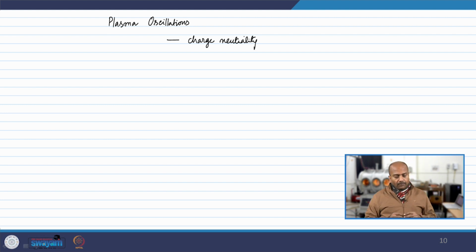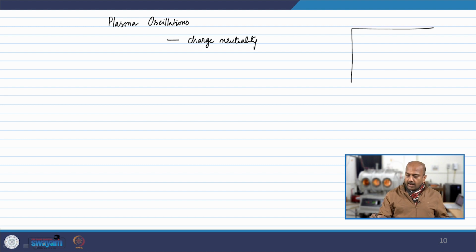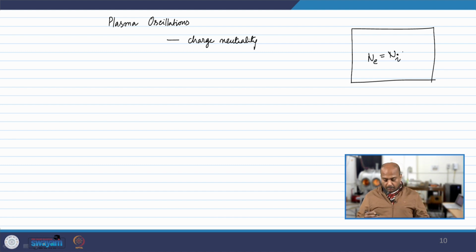Let us say we take a plasma in which there are ideally equal number of electrons and ions, wherein the number of electrons is equal to the number of ions. Electrons represent the total population of negative charges and ions represent the positive charges. We are considering only the positive ions.